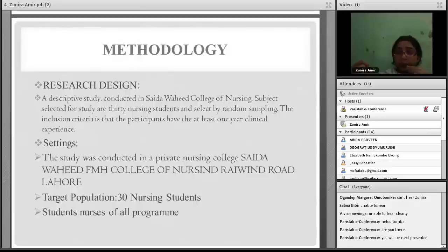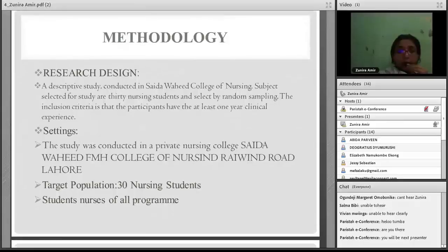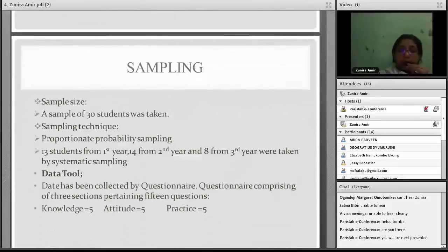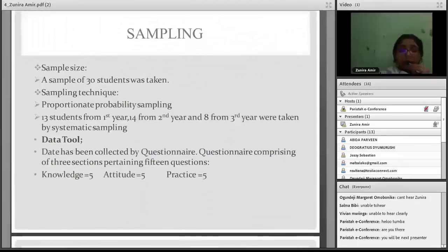The target population is 30 students, randomly selected from first year, second year and third year. The tool selected is a questionnaire comprising 15 questions: 5 on knowledge, 5 on attitude and 5 on practices.